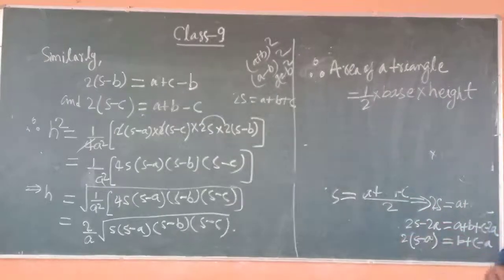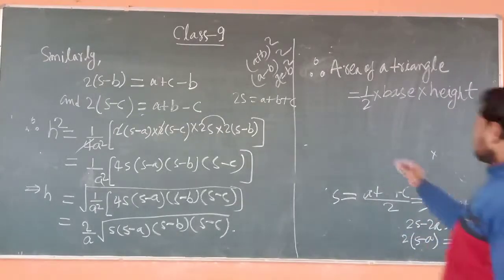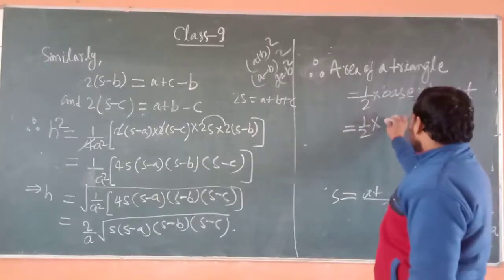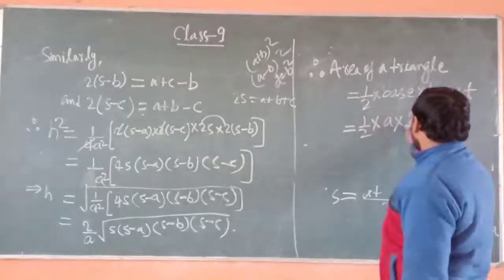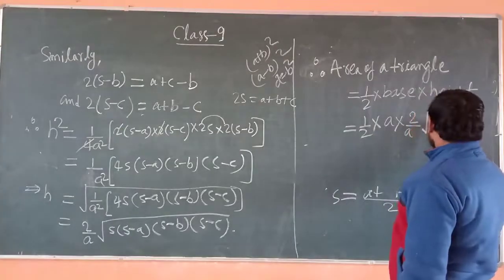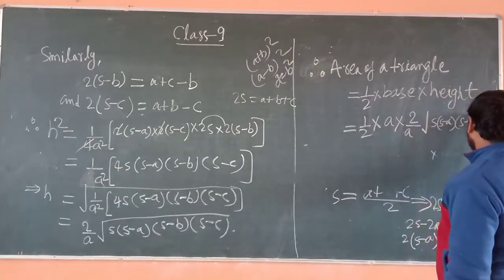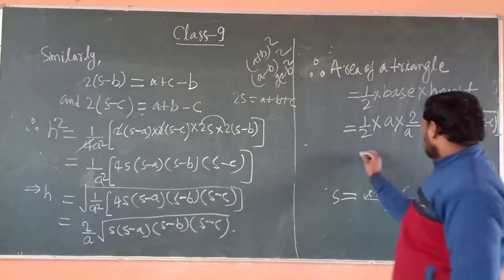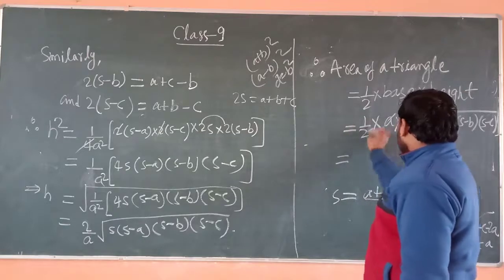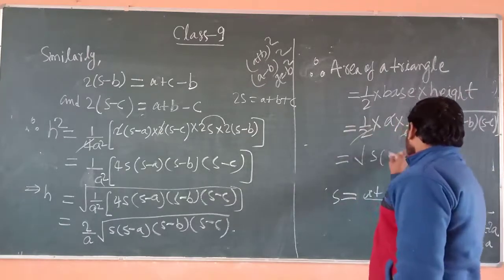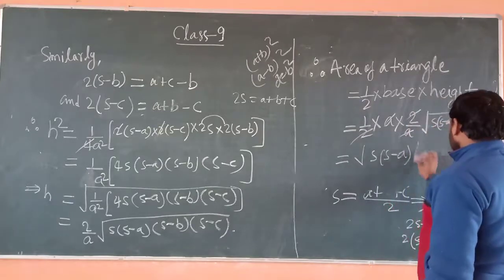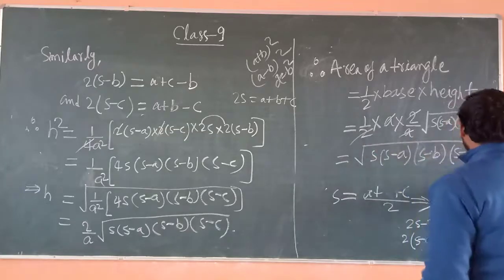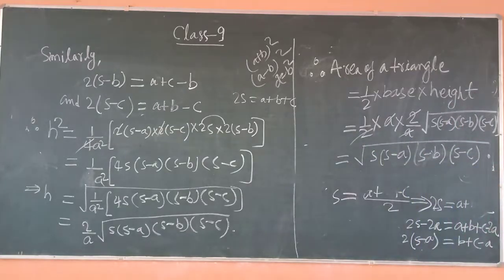If base and height are given, 1 upon 2 into base a into height 2 upon a under root s into (s minus a) into (s minus b) into (s minus c). a by a will be cancelled, 2 by 2 will be cancelled, under root s into (s minus a) into (s minus b) into (s minus c). This is known as Heron's formula.